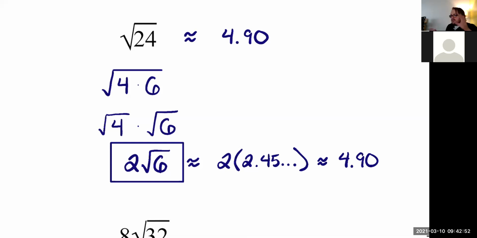Now, because it's square roots and it's a little bit different, students kind of freeze up a little bit, think, this is strange. But go back to math A and math B. If I said, hey, I've got a fraction, 4/6, what is that equivalent to?